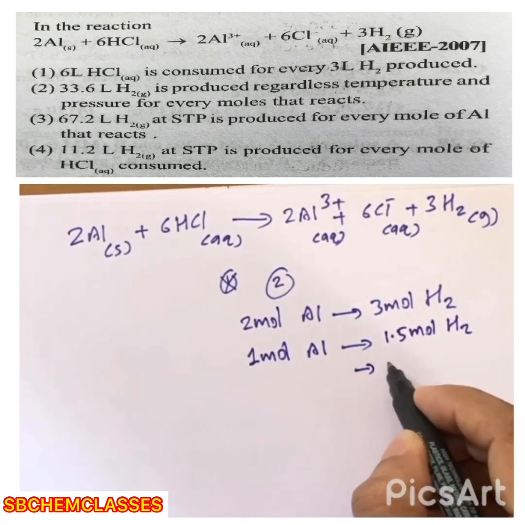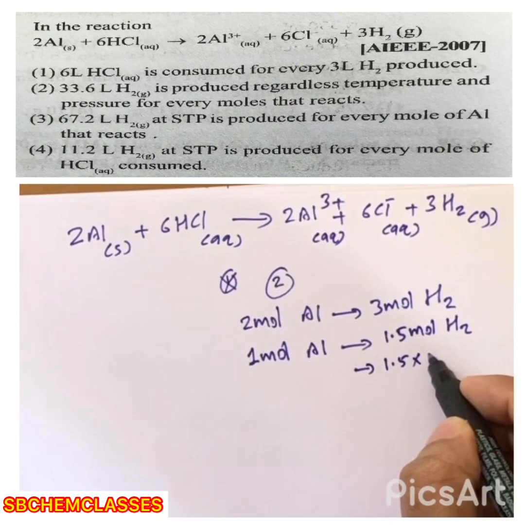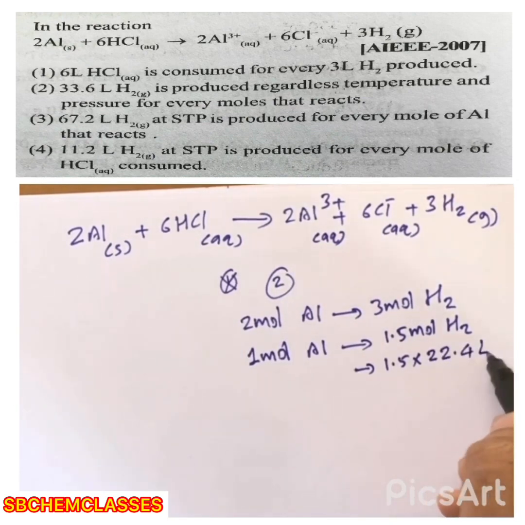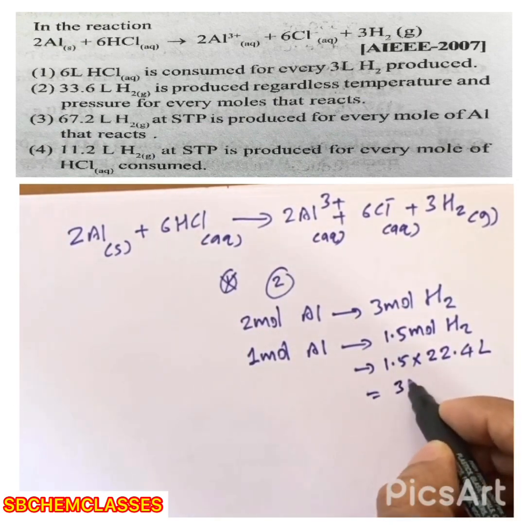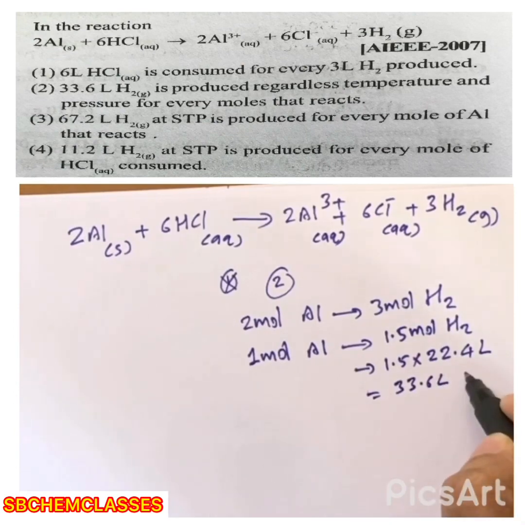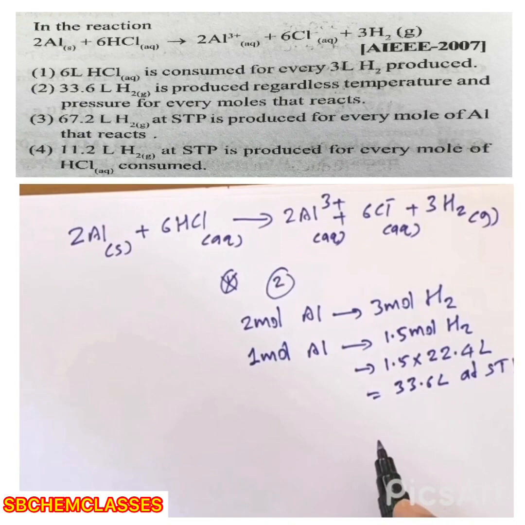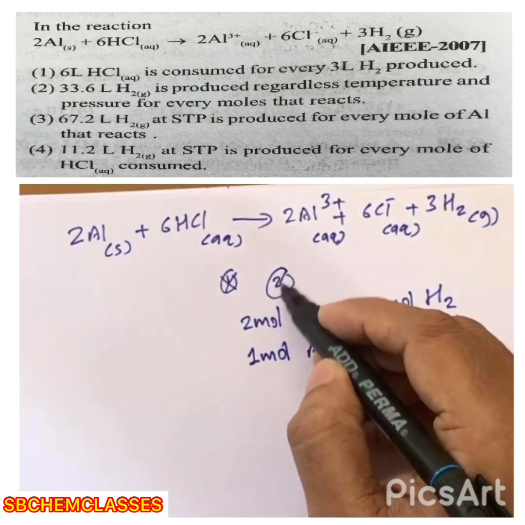This has a volume of 1.5 into 22.4 liter, that is 33.6 liter, only at STP. But in this option, regardless of temperature and pressure is mentioned. So option 2 is wrong.